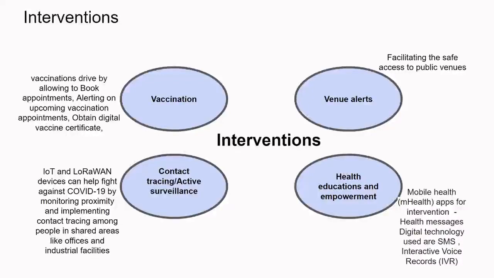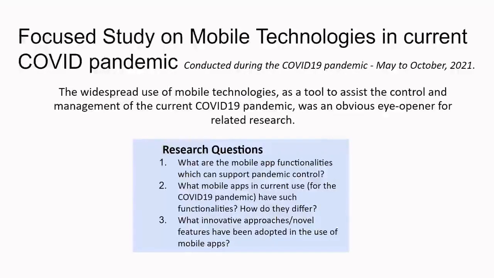At the same time, there are digital tools which are helpful in health education and empowerment. With all that in mind, we did a study on mobile technologies used in the current COVID-19 pandemic. This study was done from May to October 2021.